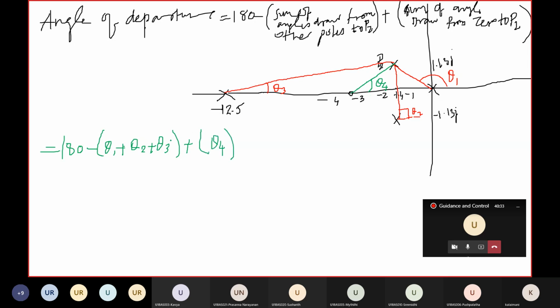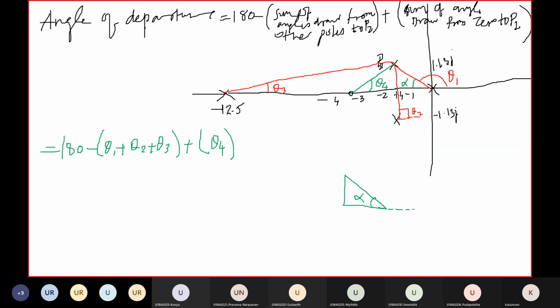Then we have to find out the value of theta 1. Suppose I consider this angle to be alpha, in a small triangle, this triangle. This angle is theta 1.